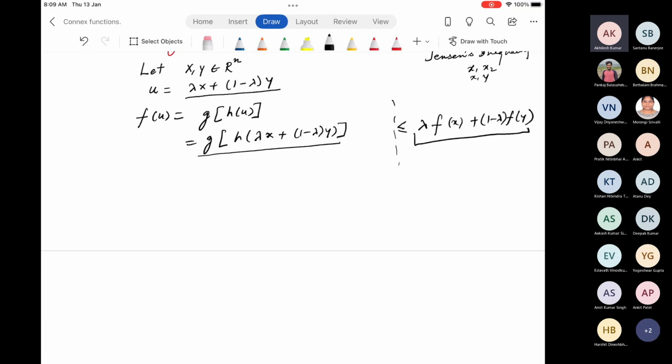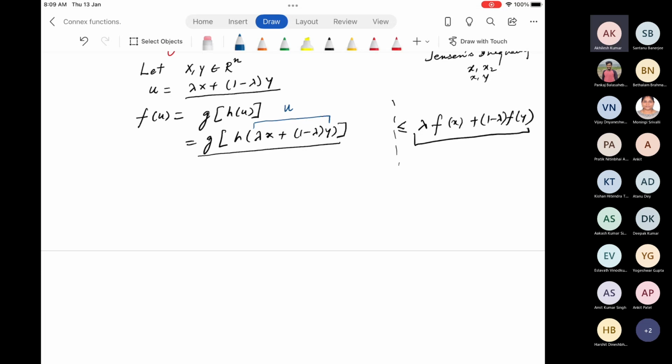So g of h(lambda x plus 1 minus lambda y) is nothing but g of h of u.